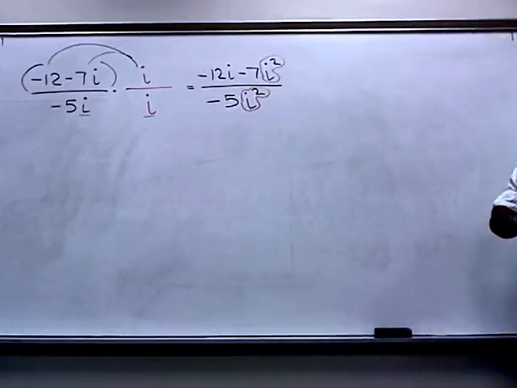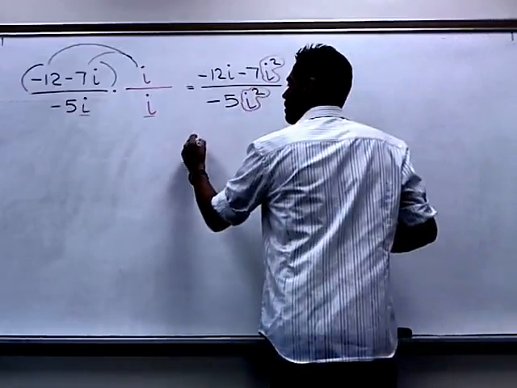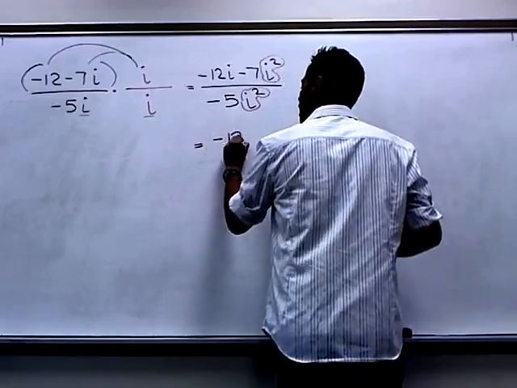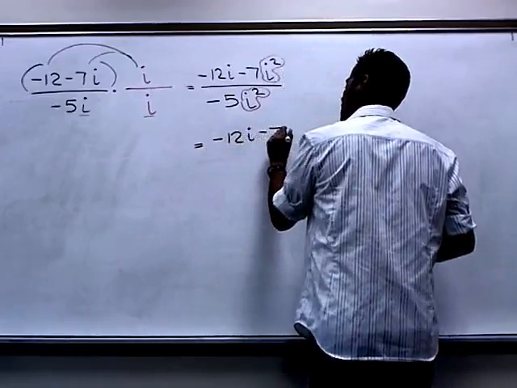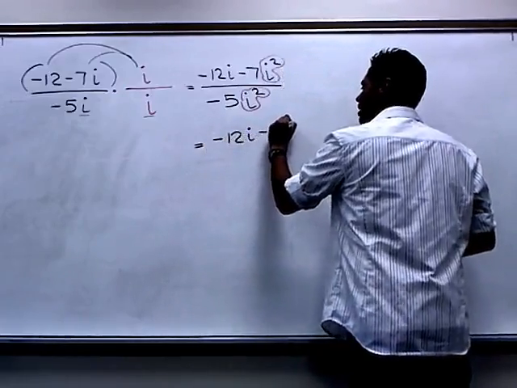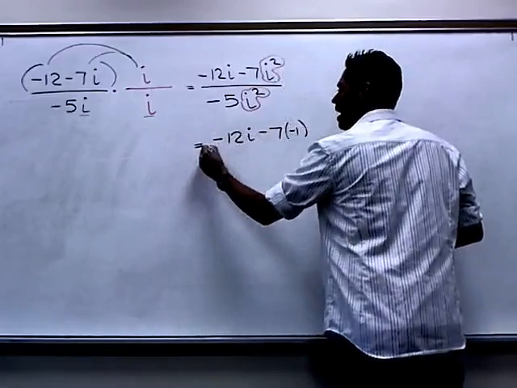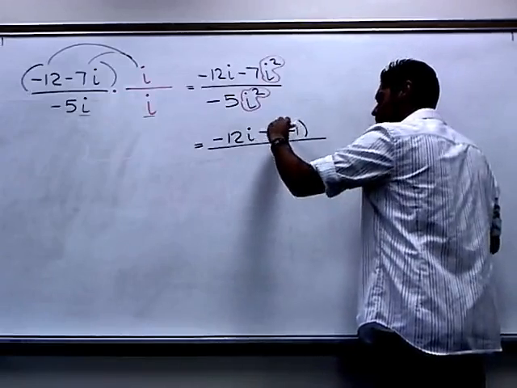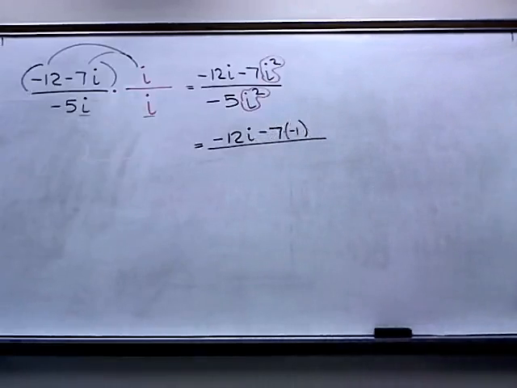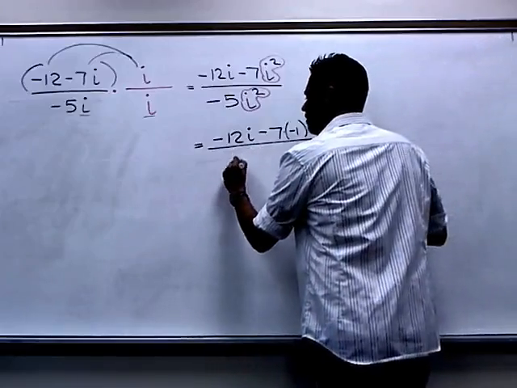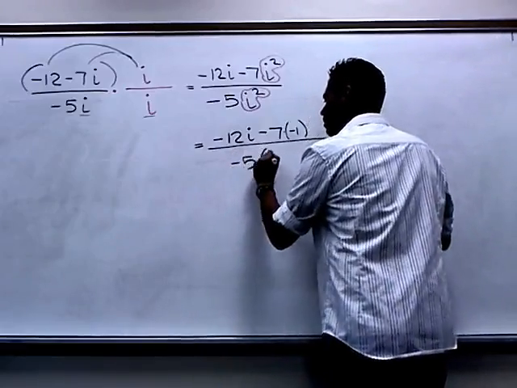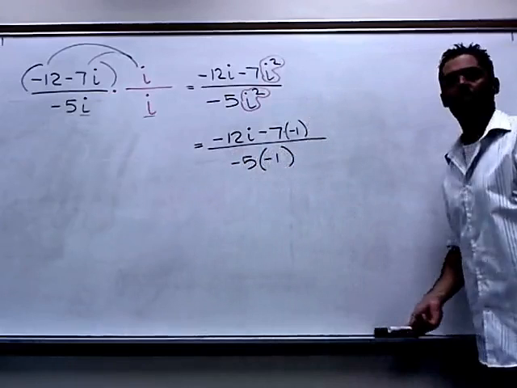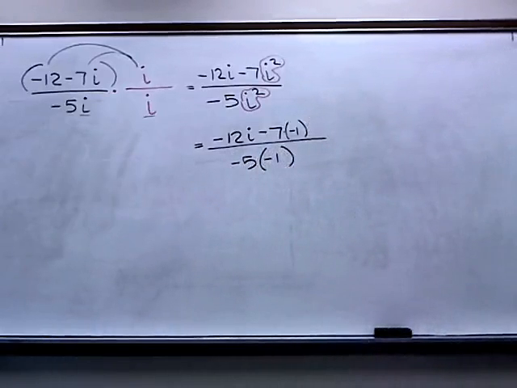So this becomes negative 12i minus 7 times negative 1. I'm going to put the negative 1 in parentheses like that. That's implied multiplication there, which means we're supposed to multiply, not add or subtract. And then on the bottom, negative 5i times negative 1. Everyone comfortable with where the negative 1's coming from? That's it. Now figure that out.